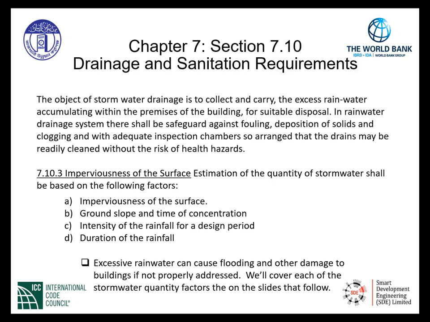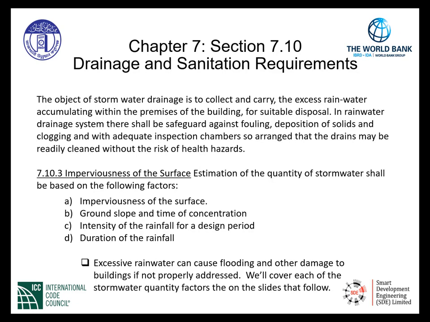Specifically, in section 7.10.3, titled Imperviousness of the Surface, estimation of the quantity of stormwater shall be based on the following factors: the imperviousness of the surface, the ground slope and time of concentration, the intensity of the rainfall for a designed period, and the duration of the rainfall.